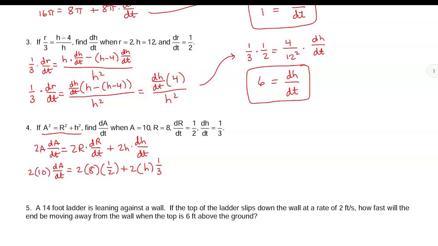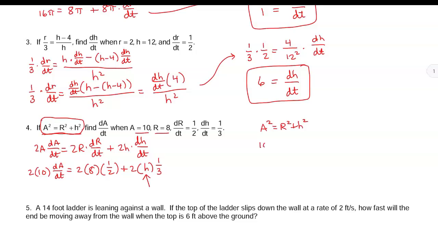You might have noticed we have a variable here without a value, the h that's right here. So what I need to do is go back to the original equation, a squared equals r squared plus h squared. I know that for our math problem, a is 10 and r is 8.